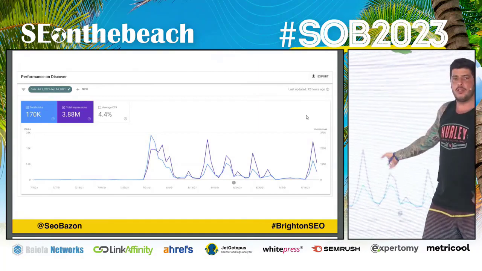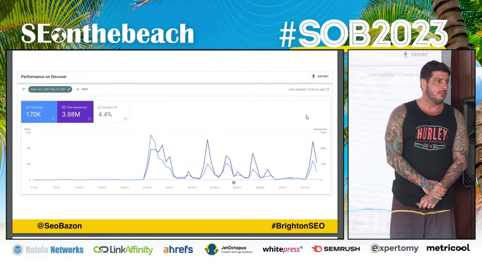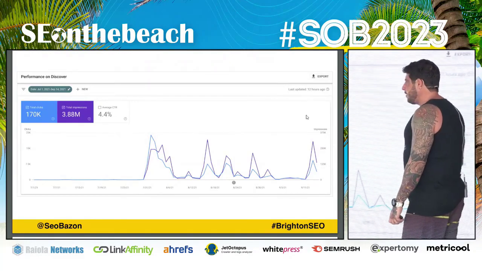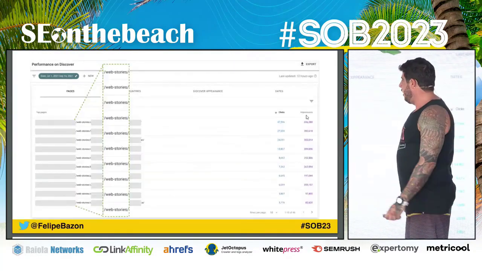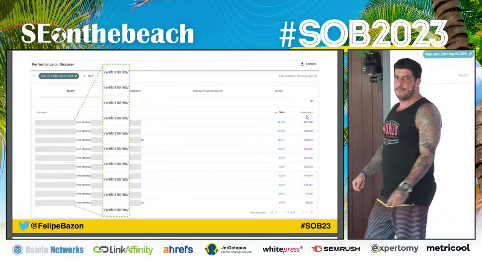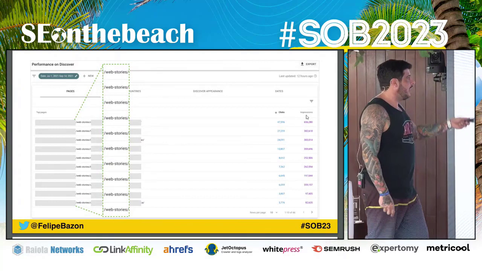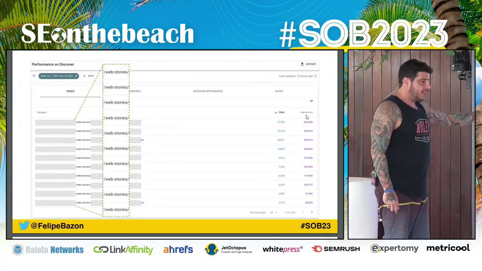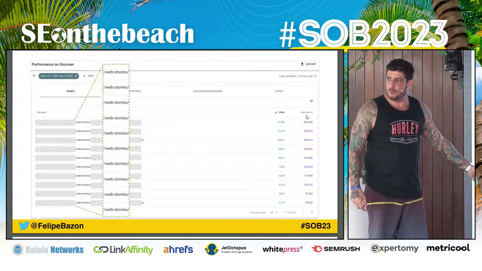When Google showed that report to us in Google Search Console, we started to see those peaks, and they correlated to every time we posted a web story, boom. Look at that. This is just for one client, for 3 months. Everything from Google Discover was web stories.